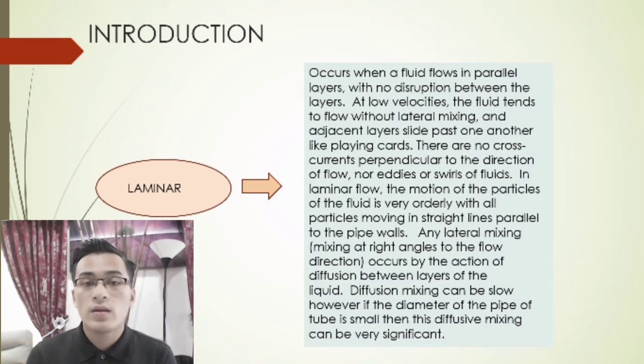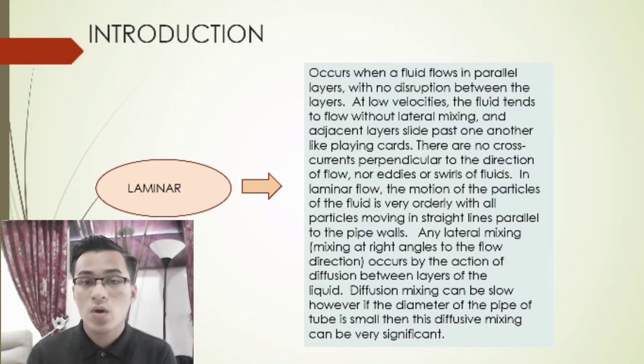Laminar flow occurs when fluids flow in parallel layers with no disruption between the layers. At low velocity, the fluid tends to flow without lateral mixing and adjacent layers slide past one another like playing cards.